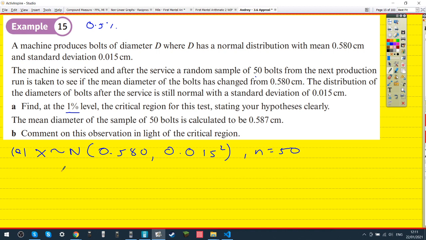The machine is serviced, random sample of 50. So X sample is normally distributed. We assume the same mean. The variance is going to be 0.015 squared over 50.